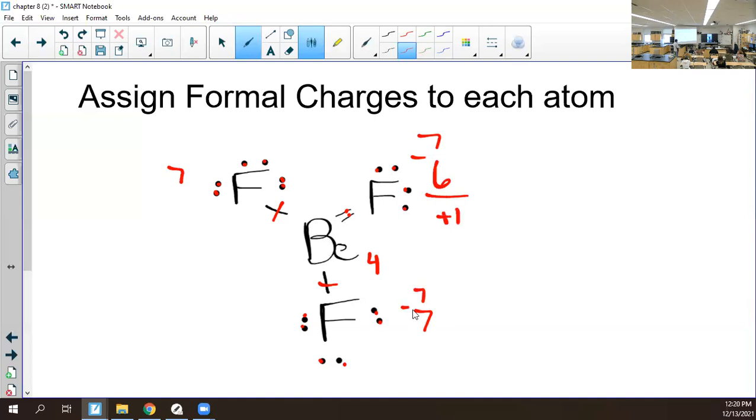Okay, I'm going to do it again, right? 7 minus 7 is 0. Wait. Okay, then I have 2 minus 4, right? What's that equal? Plus 2. This structure is a disaster.